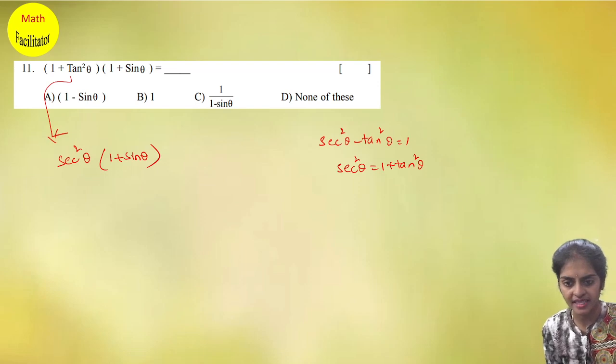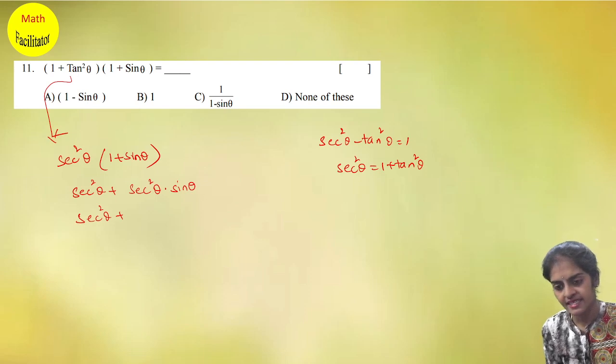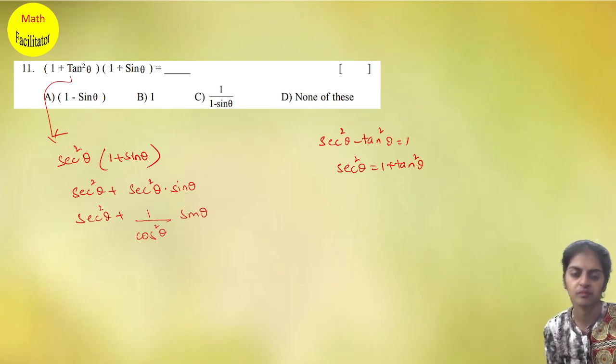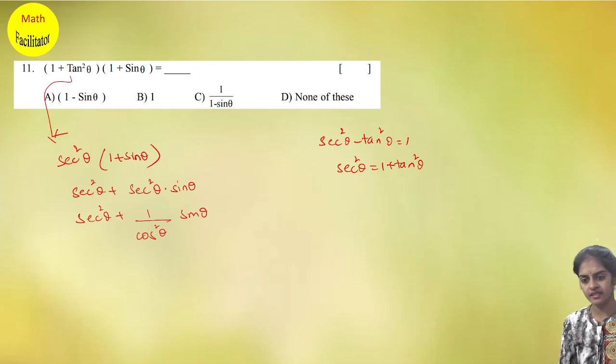If I multiply this, it will be secant square theta plus secant square theta into sine theta. Secant square theta is nothing but 1 by cos square theta, so I can write this as 1 by cos square theta plus sine theta by cos square theta.